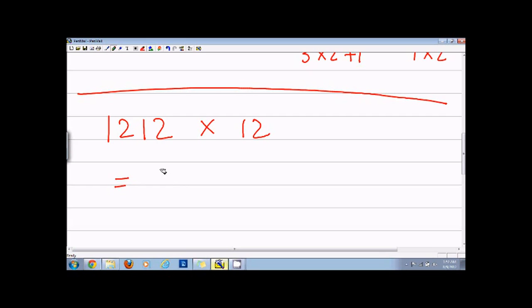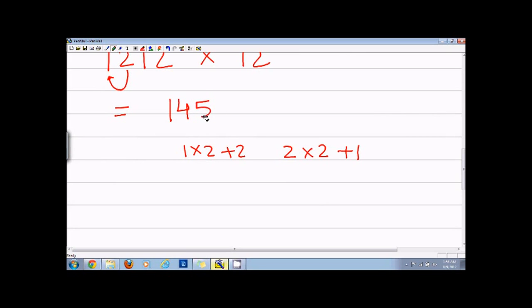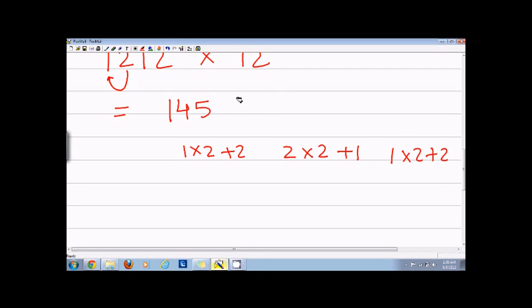First I will write 1 here because the first digit is 1, and then I'll say 1 into 2 plus 2, so that is equal to 4, and then I say 2 into 2 plus 1, that is equal to 5, and then I'll say 1 into 2 plus 2, and that is equal to 4, and then I'll say 2 into 2, that is equal to 4. So the answer is 14544.